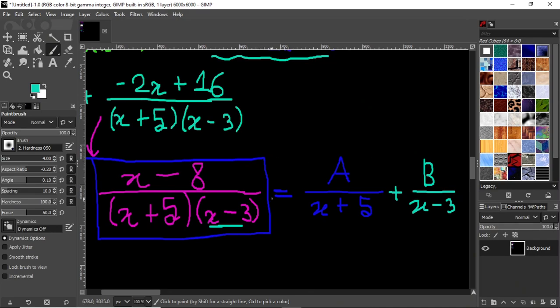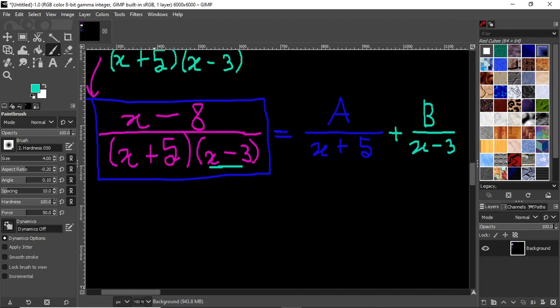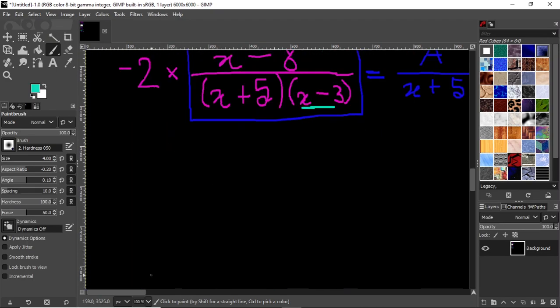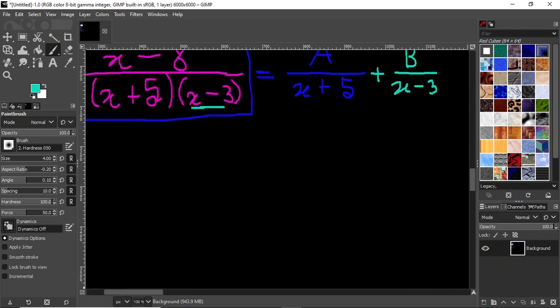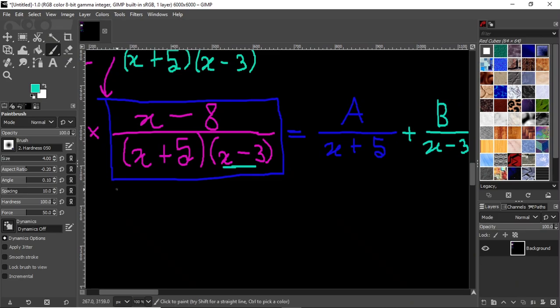All right, so we have already formed our partial fractions. Step 4, we are done with step 3. Step 4 is basically we need to solve for these constants. Well, before that, let's multiply out by the denominator, this big denominator on both sides.